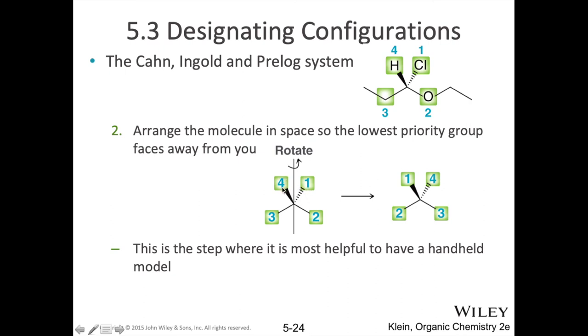Well, what happens effectively is the chlorine, which is pointing away from you, now would be pointing towards you, as well as having that hydrogen pointing away from you. But in doing so, if you're rotating this 180 degrees, groups 2 and 3 also rotate. So please note that they also switch positions.